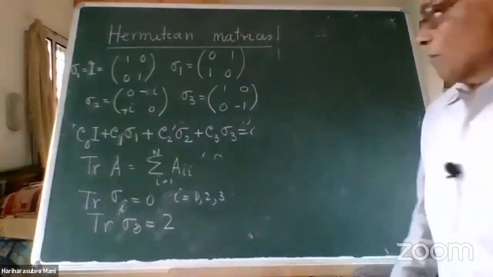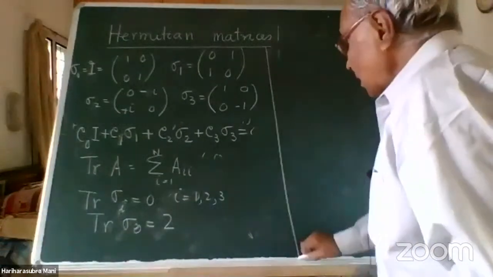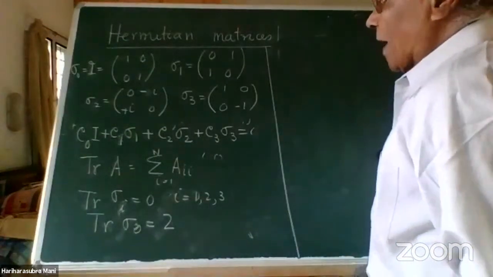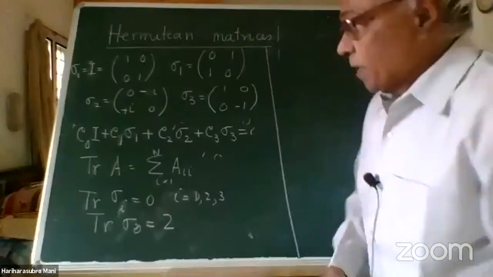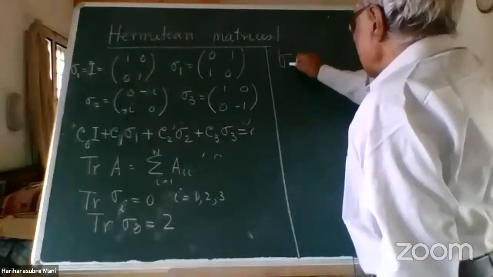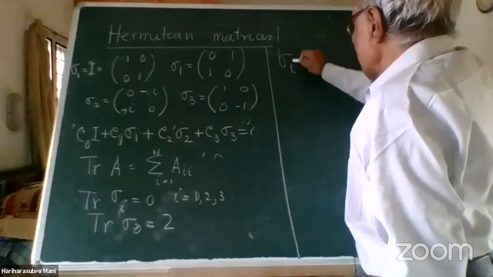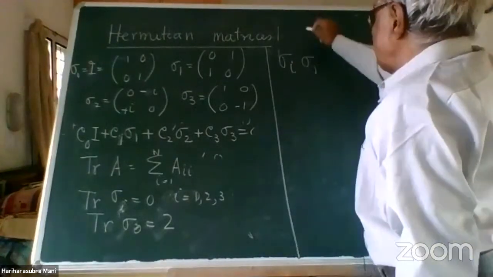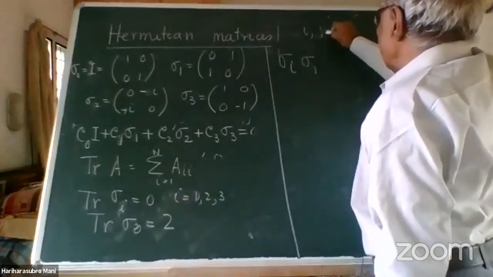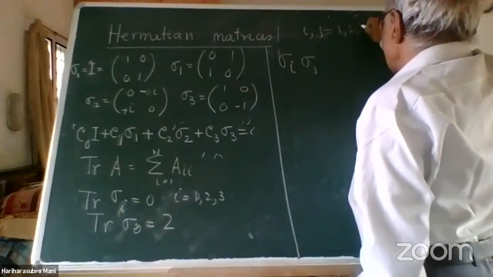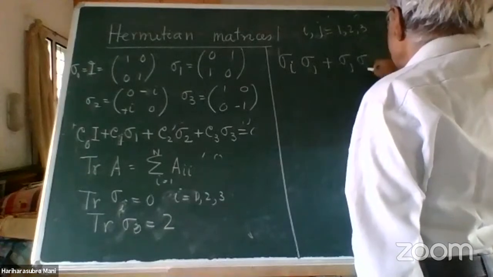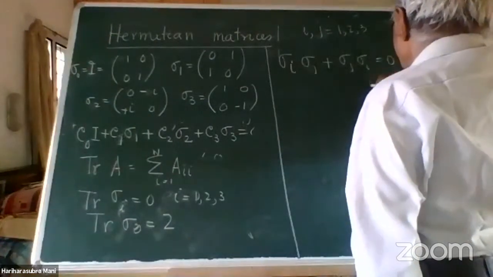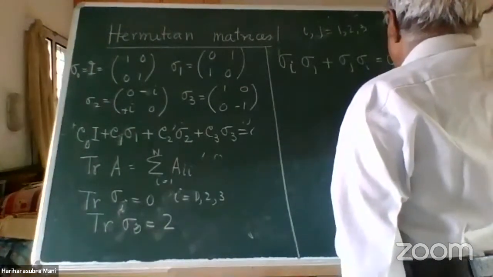There are also some relations among the sigmas. You people should know this like you know your sine theta and cos theta. It's extremely important to keep this in mind. Sigma i sigma j, i, j equal to 1, 2, 3, plus sigma j sigma i is 0 for i not equal to j.